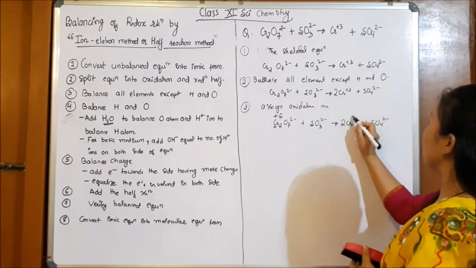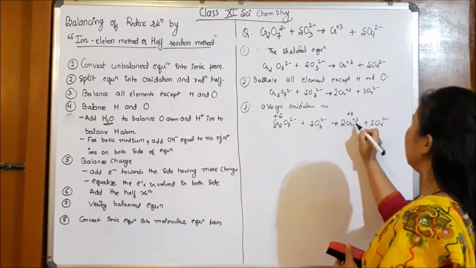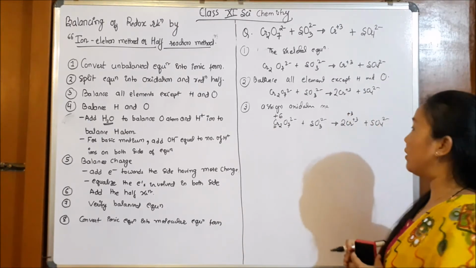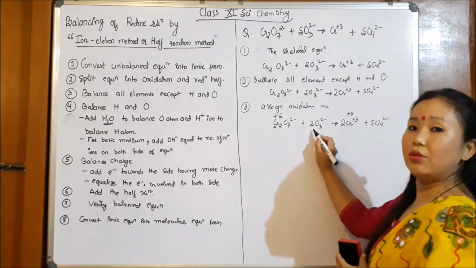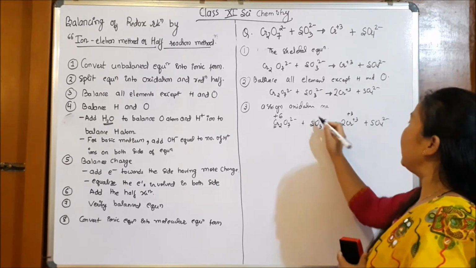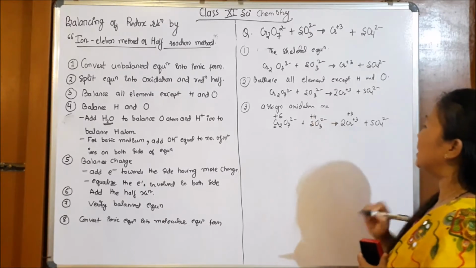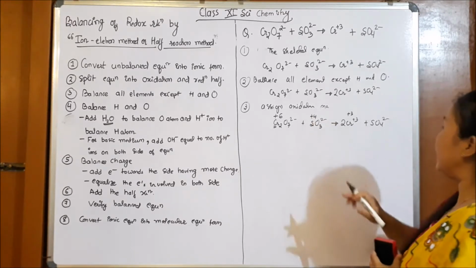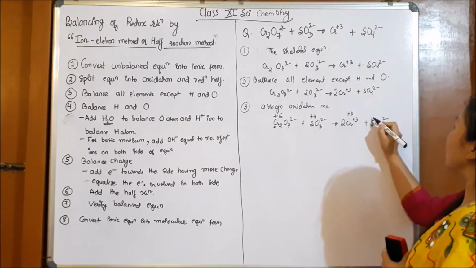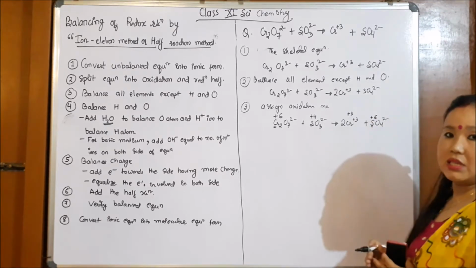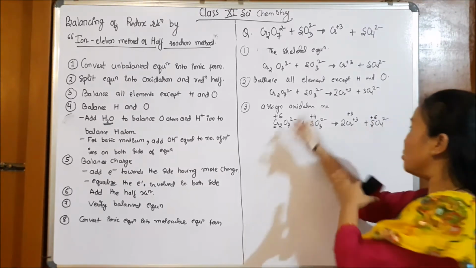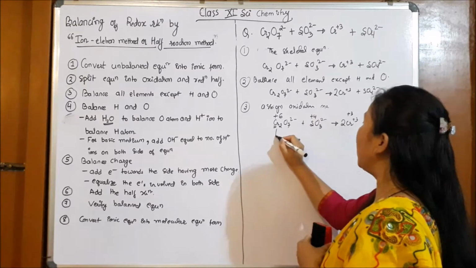And what is the oxidation number of chromium here? Plus 3, as shown in the ion. For sulfur, you will get plus 4 in sulfite, and in sulfate what is the oxidation number? Plus 6.